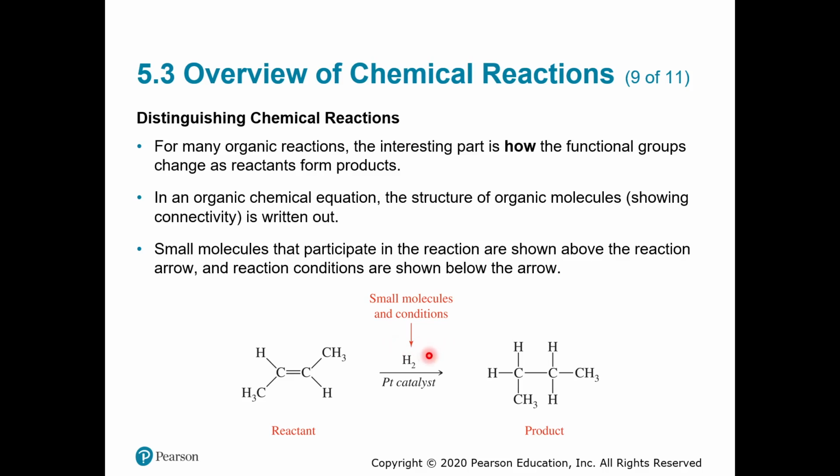And so these are other reactants. They're just small molecules that you don't actually have to write out because hydrogen gas doesn't have any interesting structure. Okay? These right here, your reactant and product, are your larger organic molecules that have interesting structure, right? Okay. And you're focusing in on those.